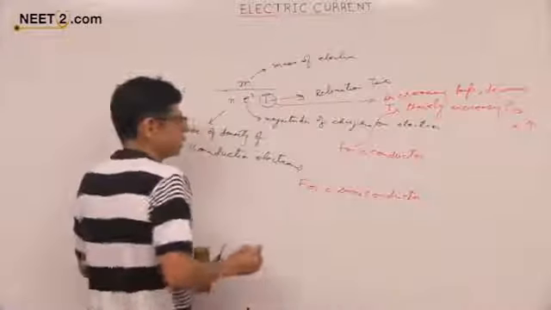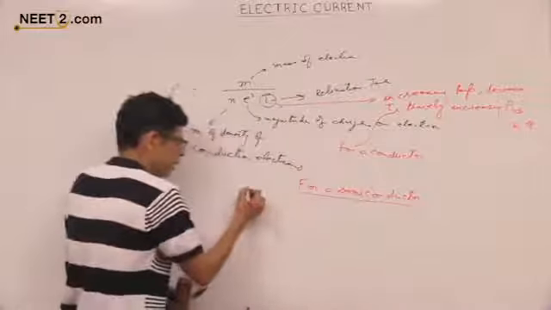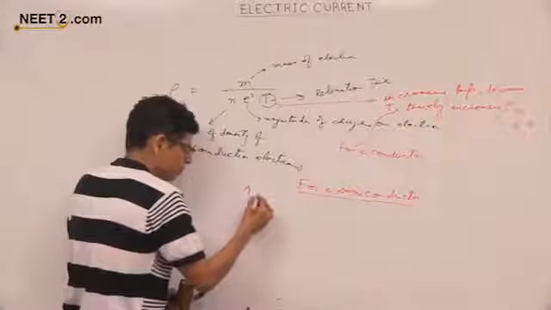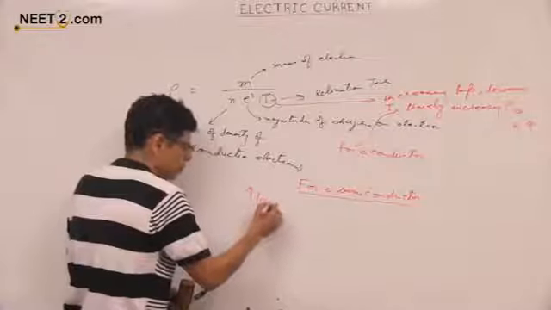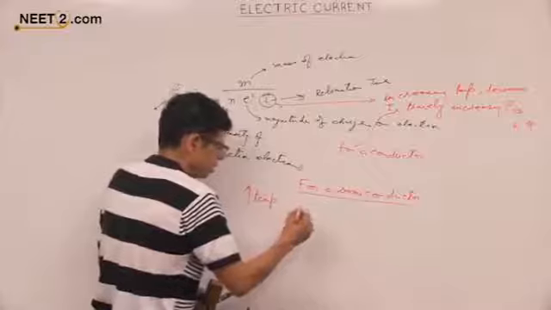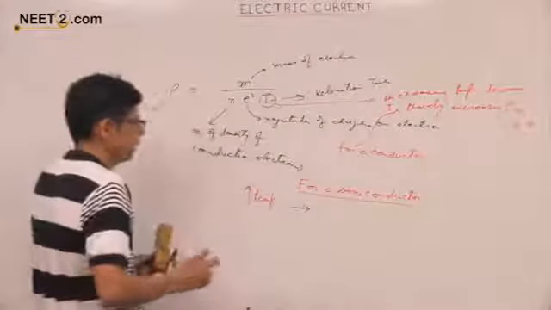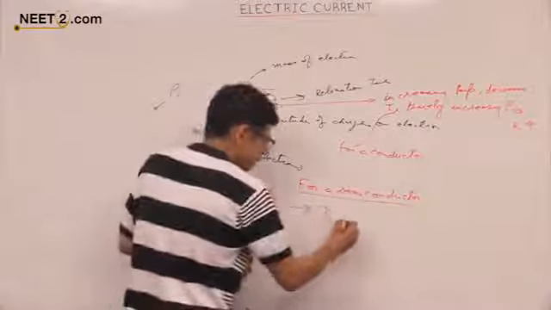But for a semiconductor, here is the story. If you increase temperature, what happens? N increases.